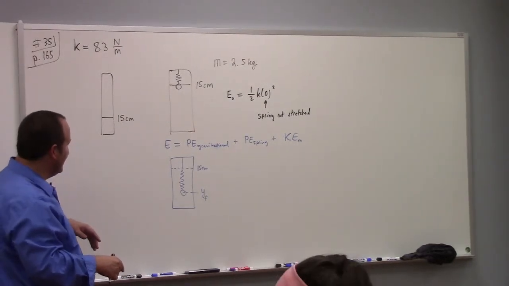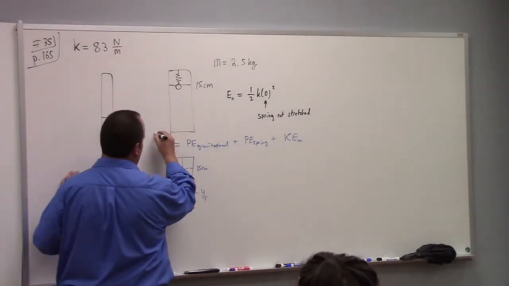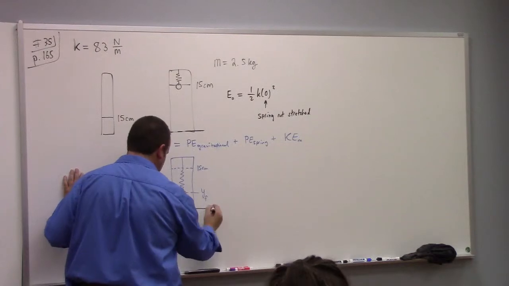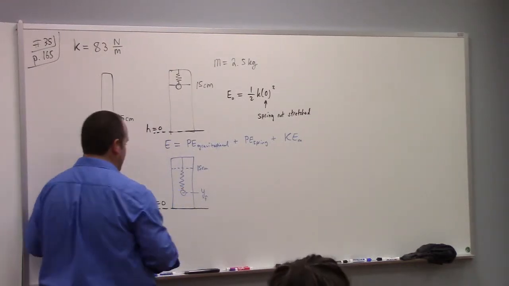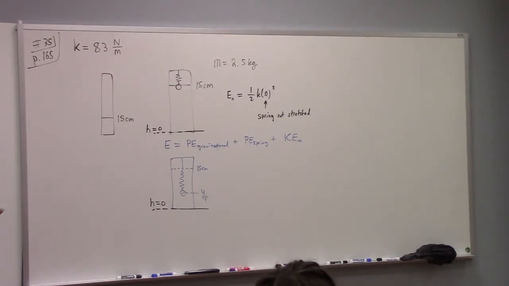No, wait, at the bottom? So I think, yeah, let's make this h equals 0. How about that? Does that sound reasonable? Why not? You can't be wrong here. It's just a question of preference.